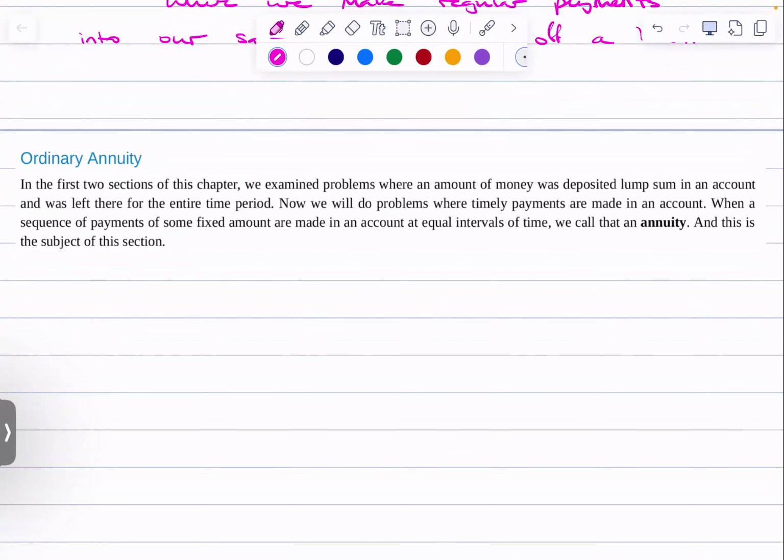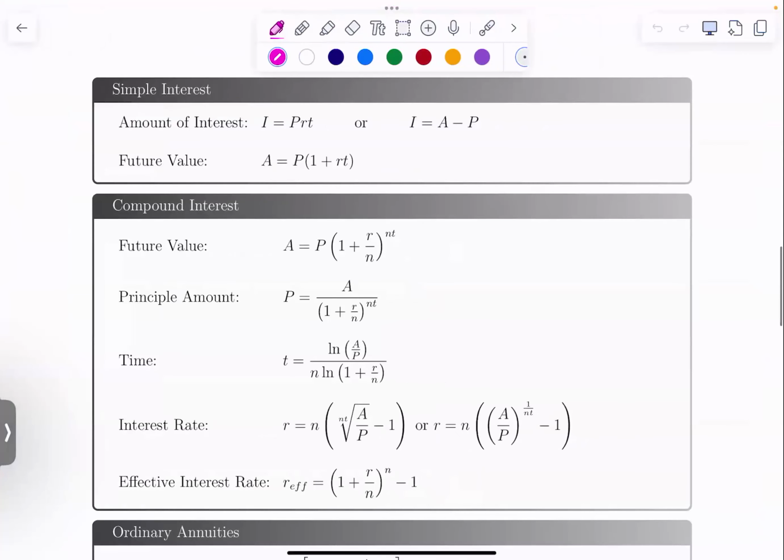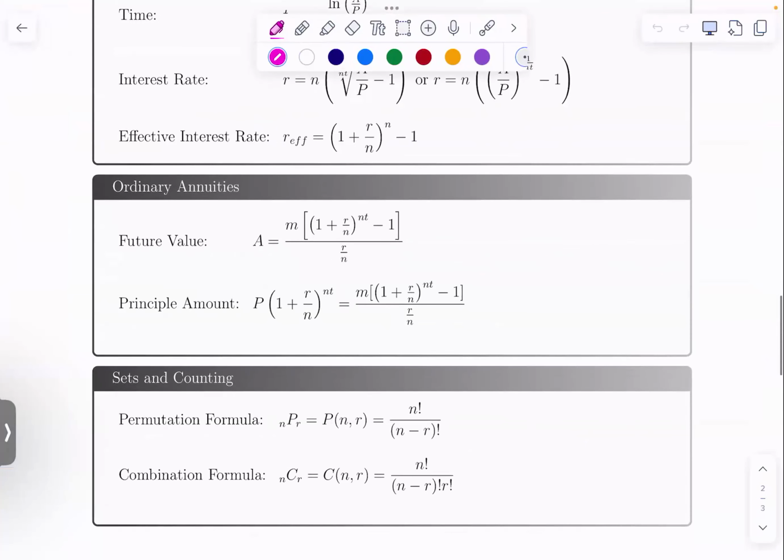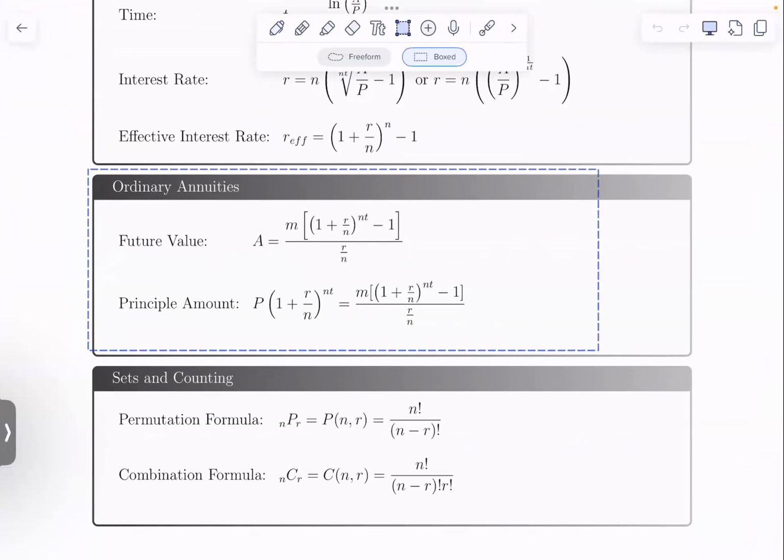I'm going to go to our formula sheet that you have in front of you now. And notice that the only section that I give you until we hit sets and counting, which is the next chapter, is called ordinary annuities.